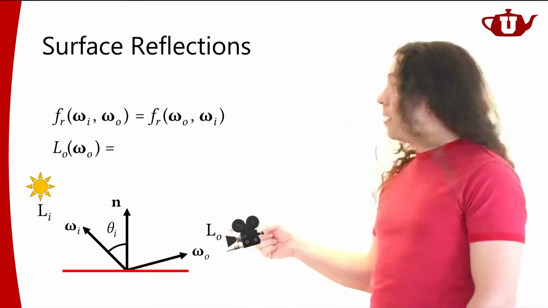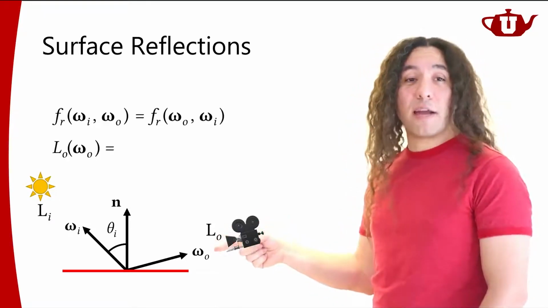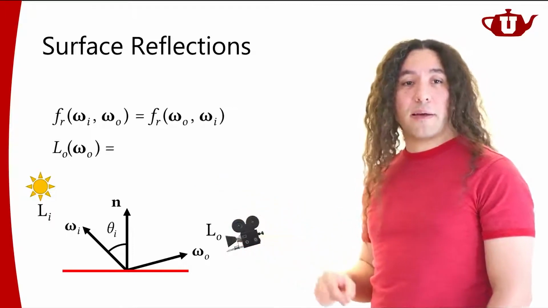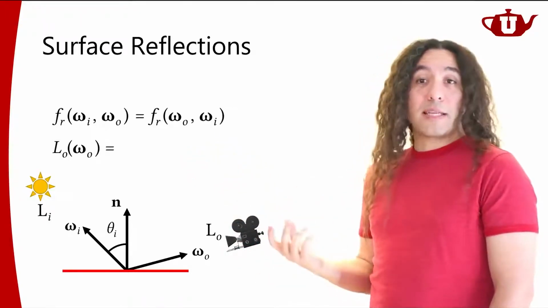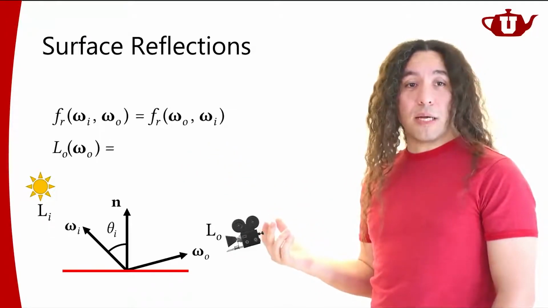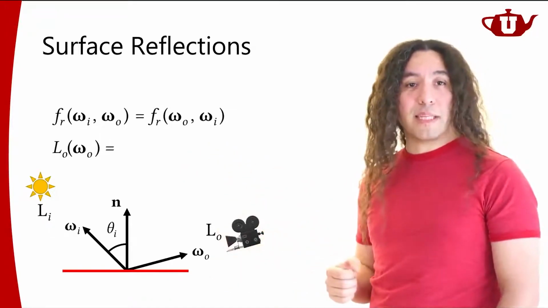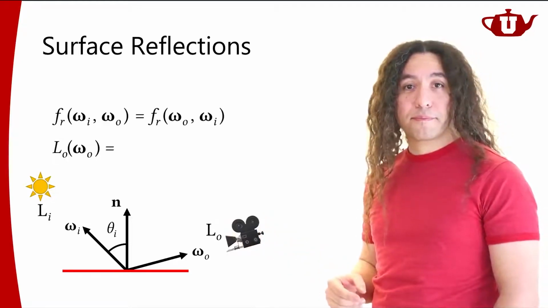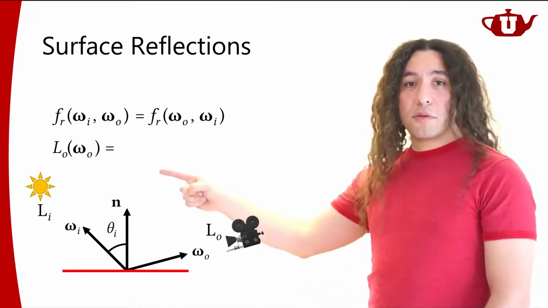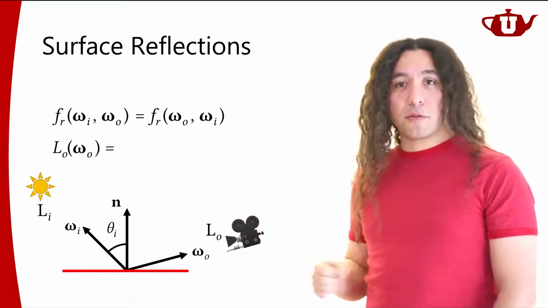Because obviously the reflected light is going to vary if I change my camera position. If I look at it from a different direction, I might get a different value, right? So the reflectance is not necessarily going to be the same. All right? So this is what I want to find out.